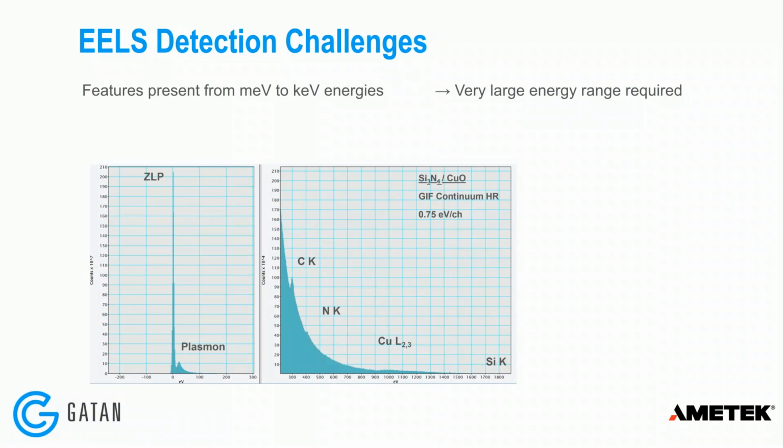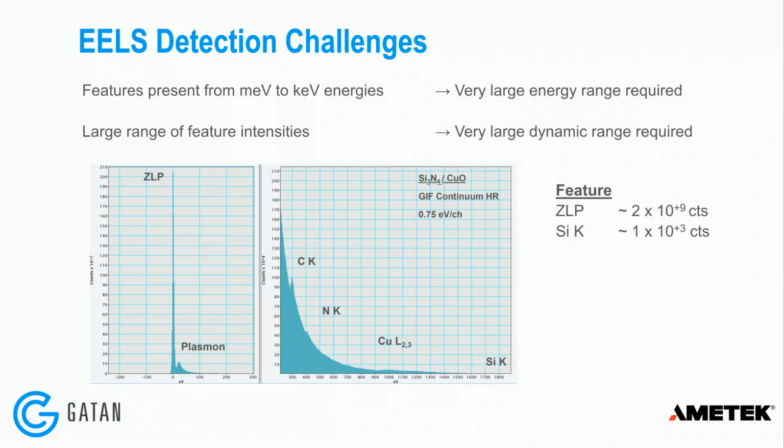First of all, we have features present from really low energy, milli-eV, like phonons and plasmons, right up to keV energy, high-energy core loss. So we've got a really big energy range that we need to capture. We also have a really large range of feature intensities, so we need a very large dynamic range to capture all of the spectrum.